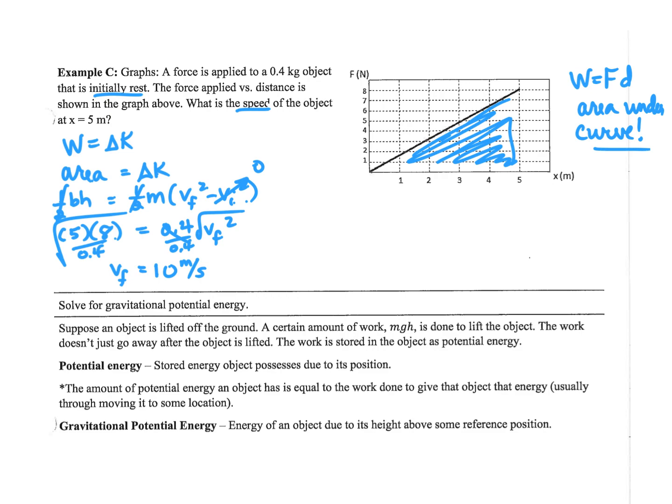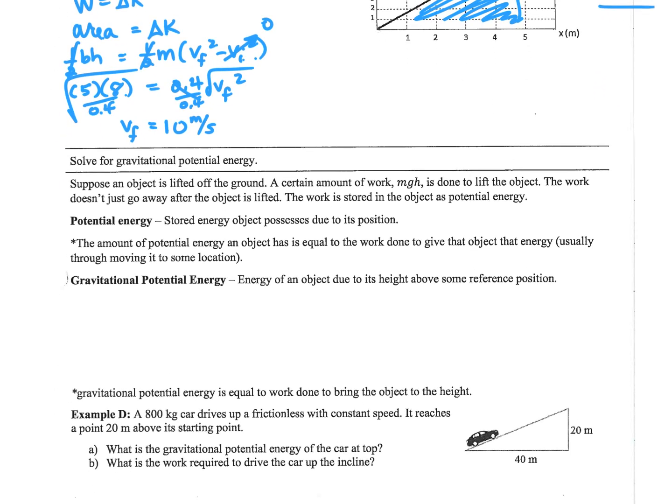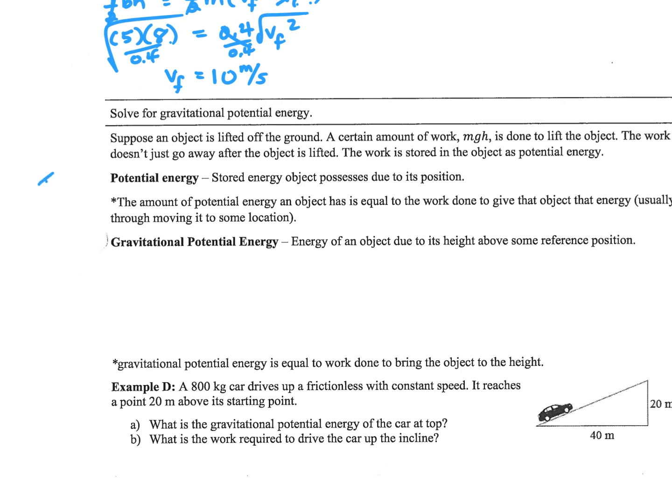All right, so now, second type of energy. Potential energy. Something has potential to move. What do we mean by having potential to move?